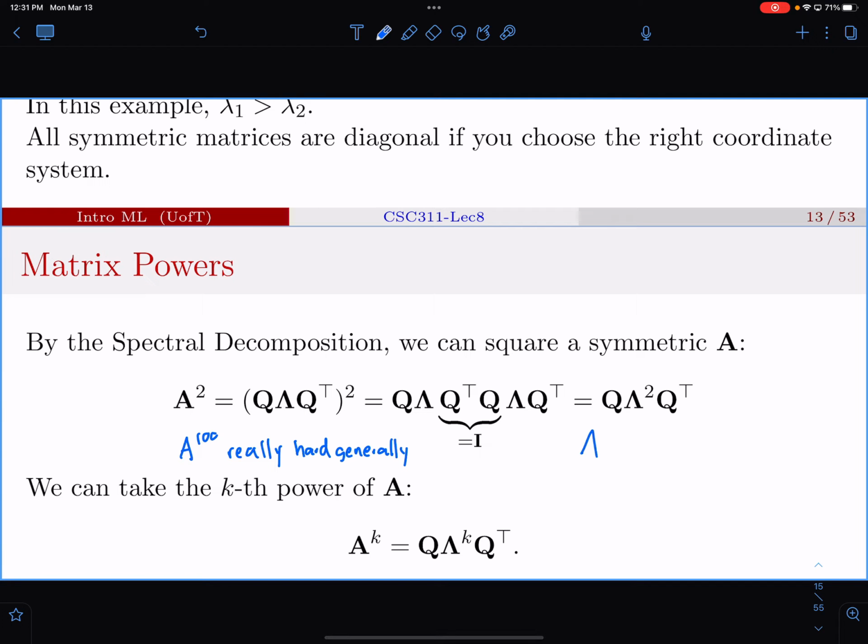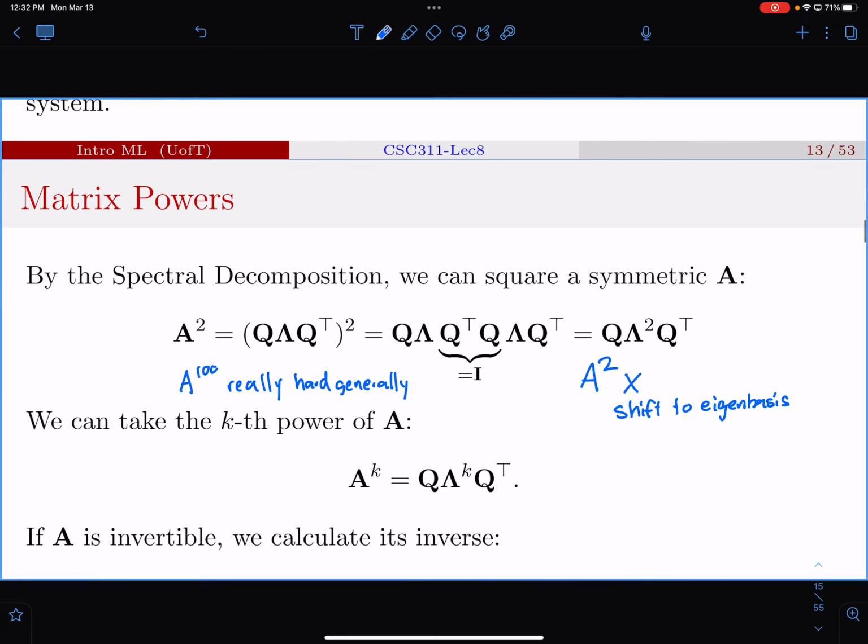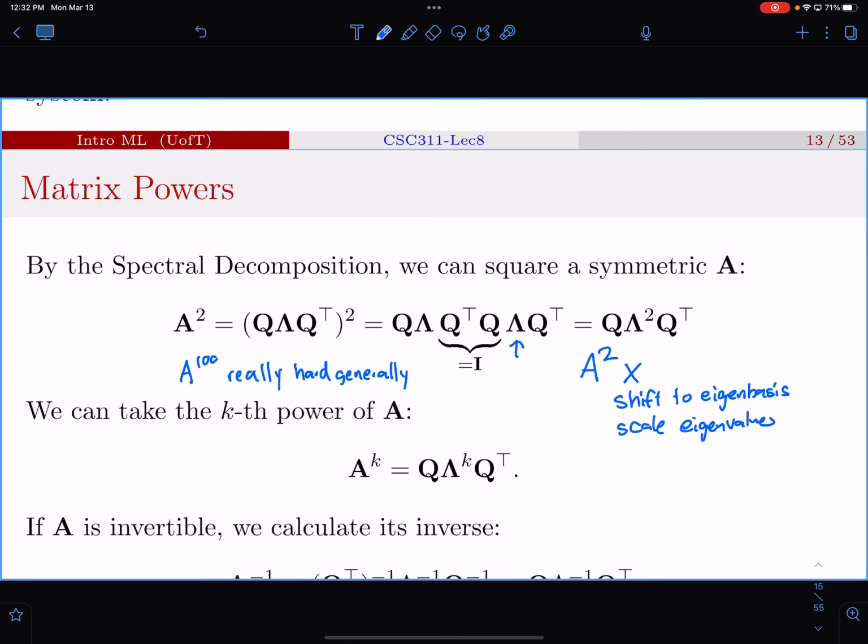If you were to interpret this operation on some vector x, what this is doing is it shifts to the eigenbasis, then you scale by the eigenvalues, so that's a lambda.